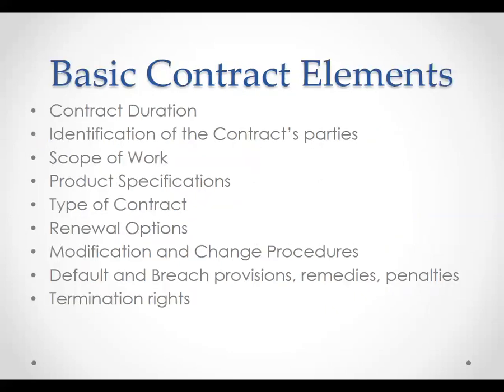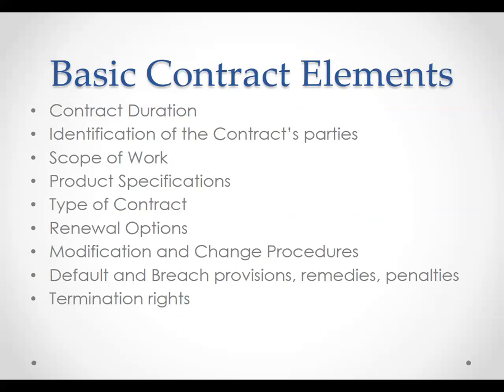Basic contract elements are second nature when contracting for services. Most items would also be applicable when contracting for goods or issuing purchase orders. Your procurement documents identify the date of the contract or purchase order, or the duration if it is for a period of time. Who are the contract's parties?